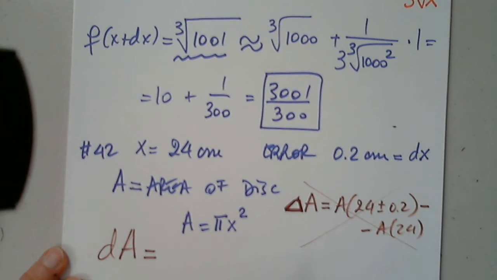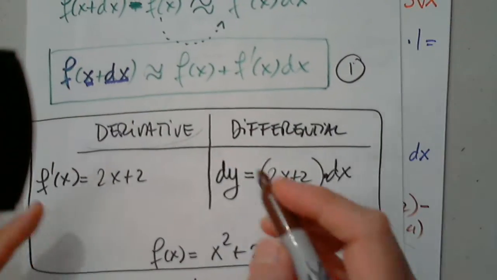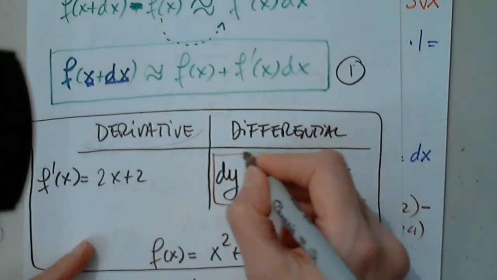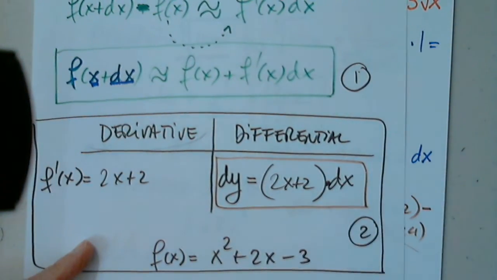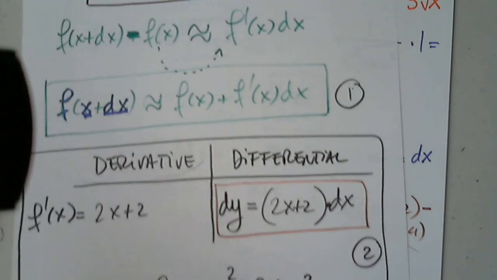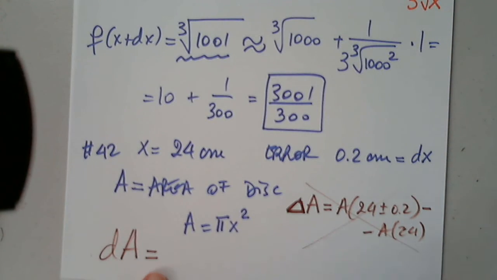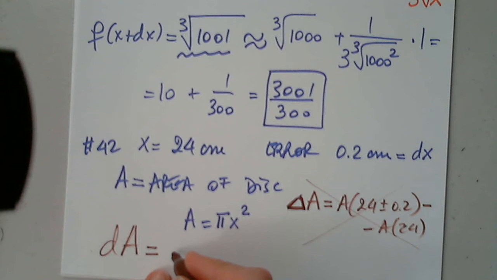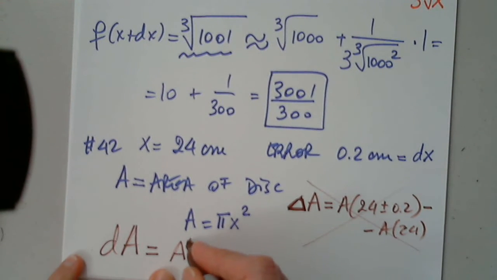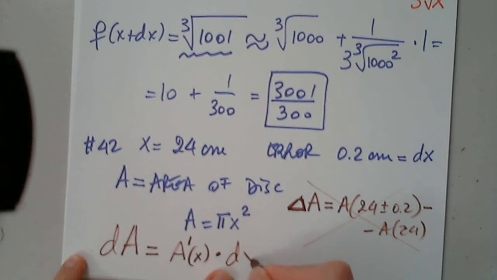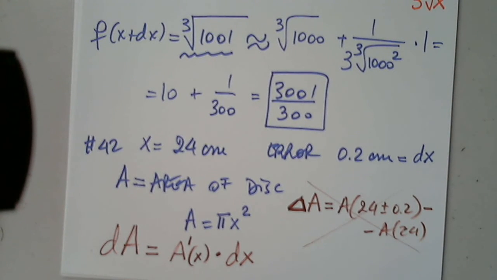Can anyone give us the formula for dA? Instead of dy, I have dA. So what should I write? f prime of x times, A prime, very good, of x times dx. That's it. That's what dA is.